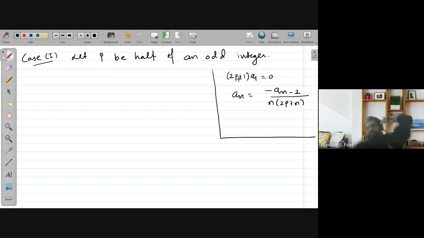So now 2p plus 1 is there. This p we have taken is a half of an odd integer.